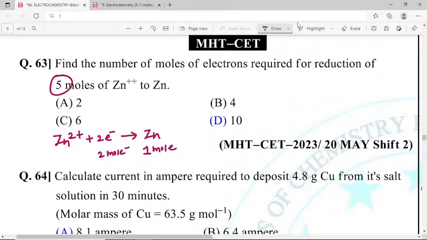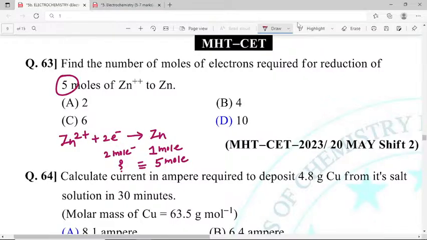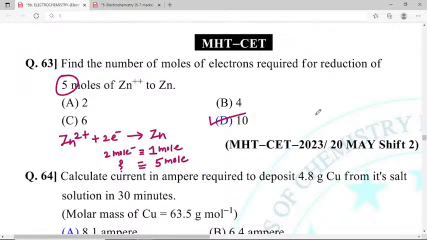So 5 mole zinc requires how many mole electrons? So 10 is your answer. 1 mole zinc requires 2 mole electrons. So 5 mole zinc requires 10 mole electrons.